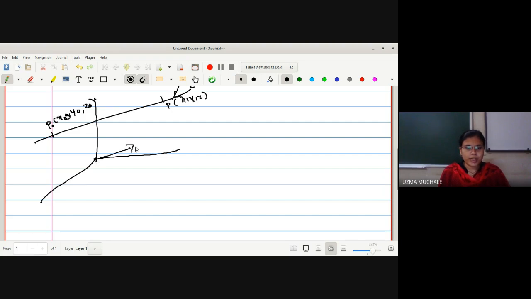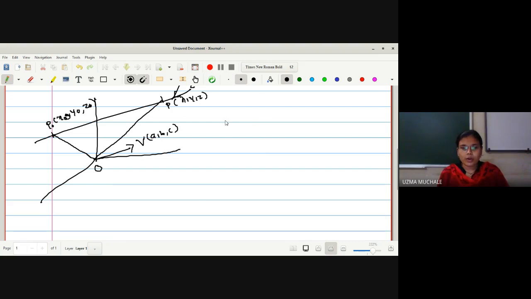And this is the direction vector V with the coordinates A, B, and C. So, if I want to find the distance P naught P, what do I have to do? We can find the distance of point P naught and point P from the origin.